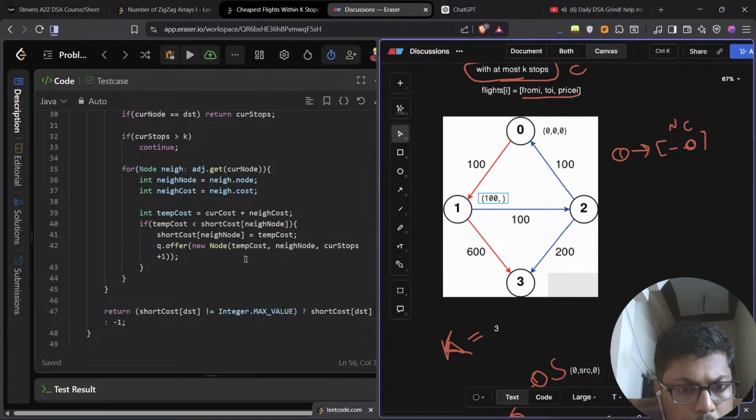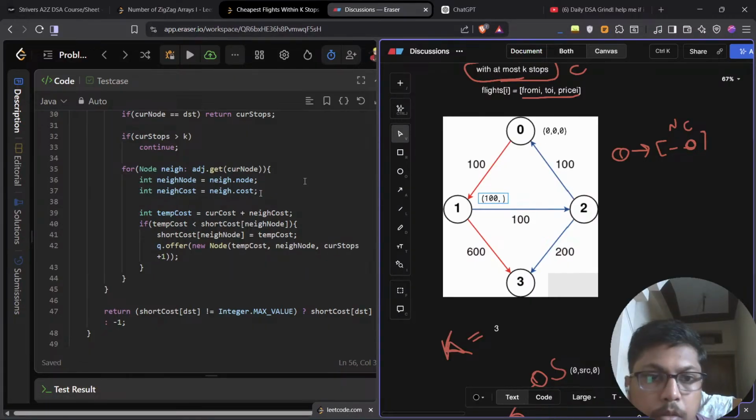Since the initial cost was 0 and your neighbor cost you have seen as 100, we would be adding your current cost that is 0, and it becomes 100. And your steps will be 0.